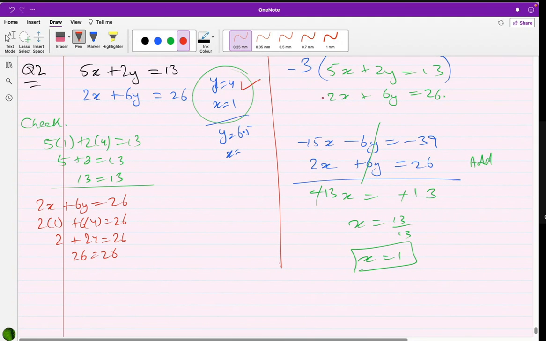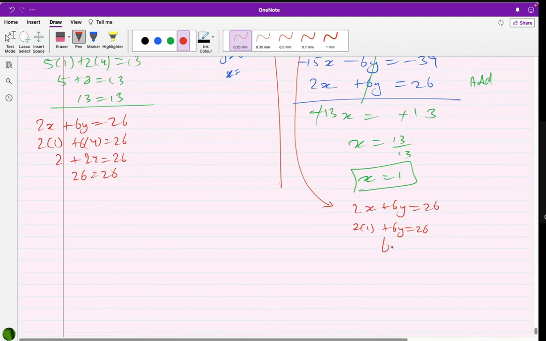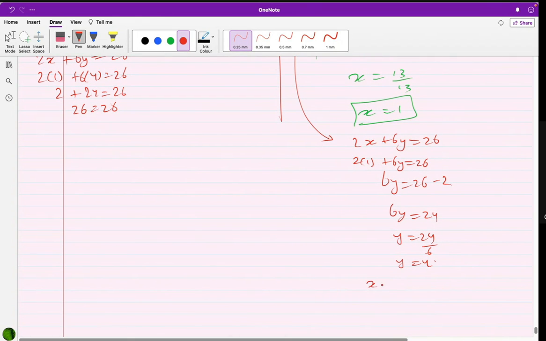I'm copying the second one. 2x plus 6y is equal to 26. 2 into 1 plus 6y is equal to 26. 6y equals 26 minus 2. 6y equals 24. y equals 24 by 6. y is equal to 4. So x comma y is 1 comma 4.